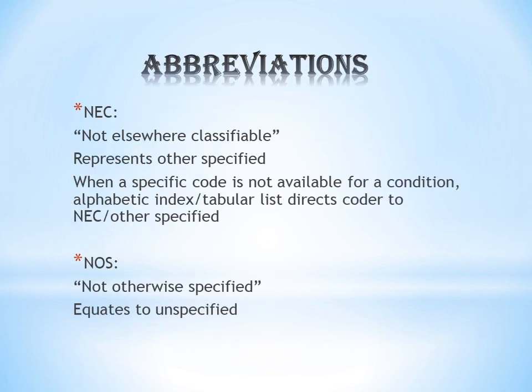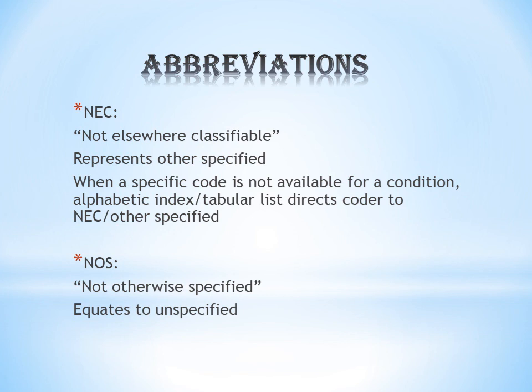Now, abbreviations. Most commonly, two abbreviations can be seen: NEC and NOS. What is NEC? Not elsewhere classifiable. It represents other specified. When a specific code is not available for a condition, the alphabetic index or tabular list directs the coder to NEC or other specified.